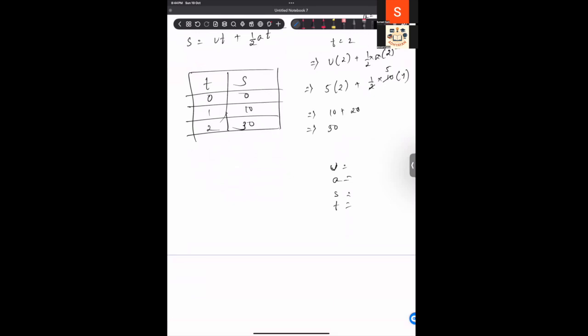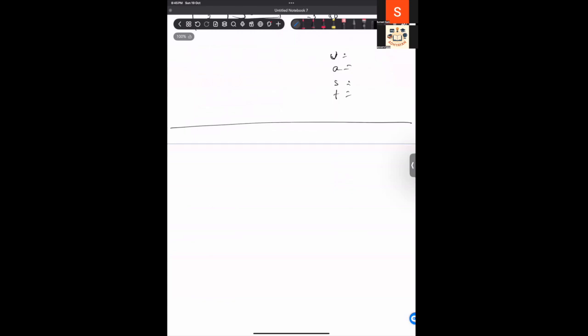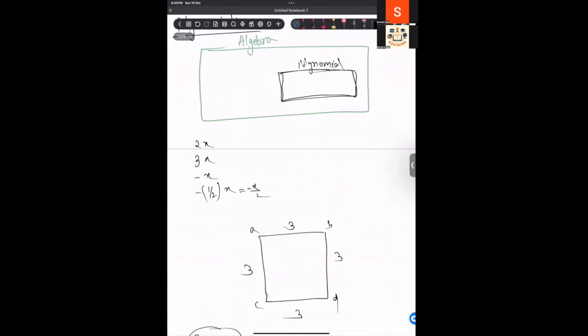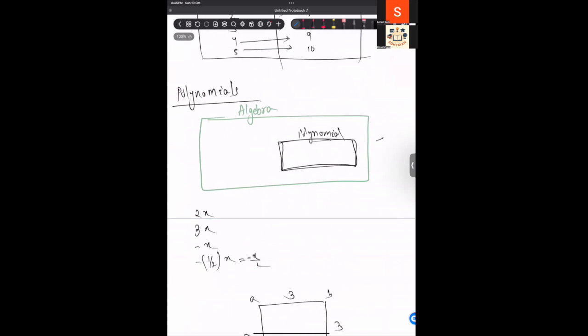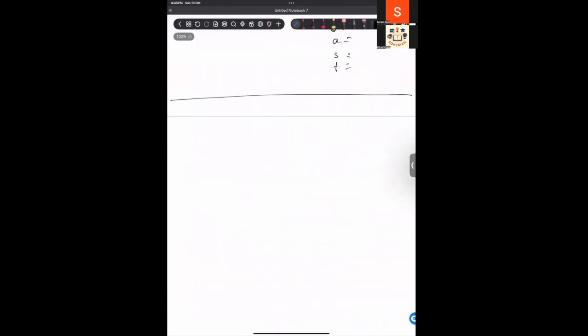Okay, now with this understanding, let's come to a few properties of polynomial. As we already discussed over here, polynomial is again a subset or part of algebra only. And we have also derived that algebra has few components, which are a constant, a variable, and a coefficient.